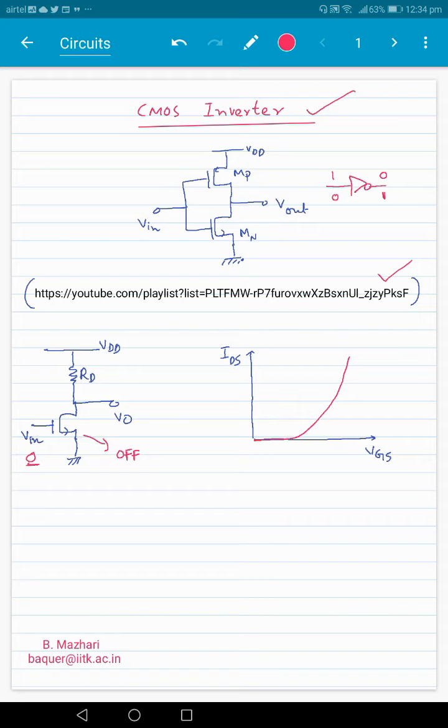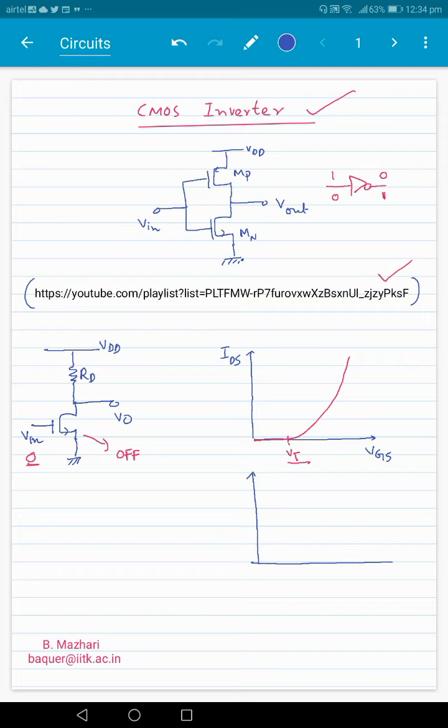Of course, the nature of the curve will depend on whether the transistor is biased in the linear or saturation region. And somewhere around here is what we call the threshold voltage. Below threshold voltage, the current is not 0, but it is small. To see the full characteristics of a MOS transistor, one should plot it not on the linear scale but on the semi-log scale.